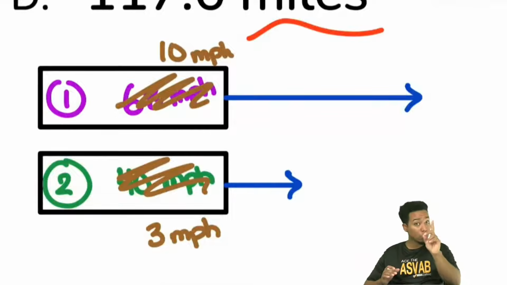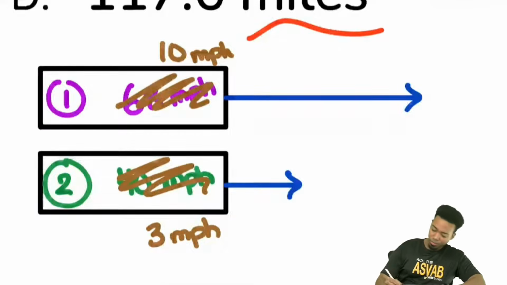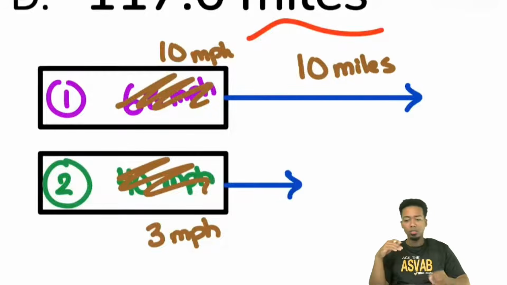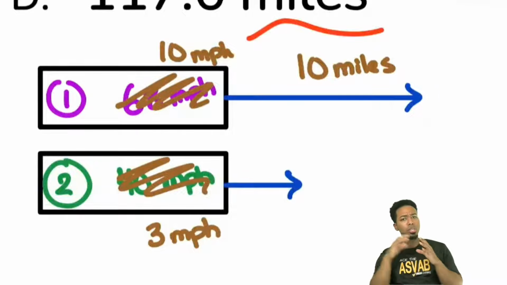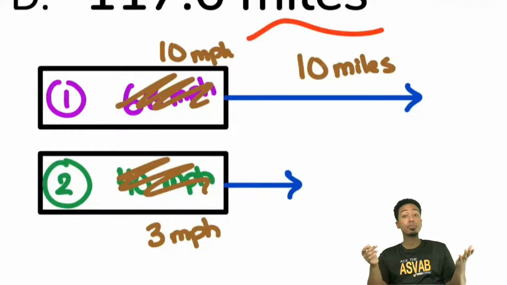Another hour, 10 miles. Every hour is 10 miles. Now, let's look at the second train. That one's going 3 miles per hour, 3 miles every hour. So after 1 hour, how many miles? Help me out. Yeah, that's going to be 3.